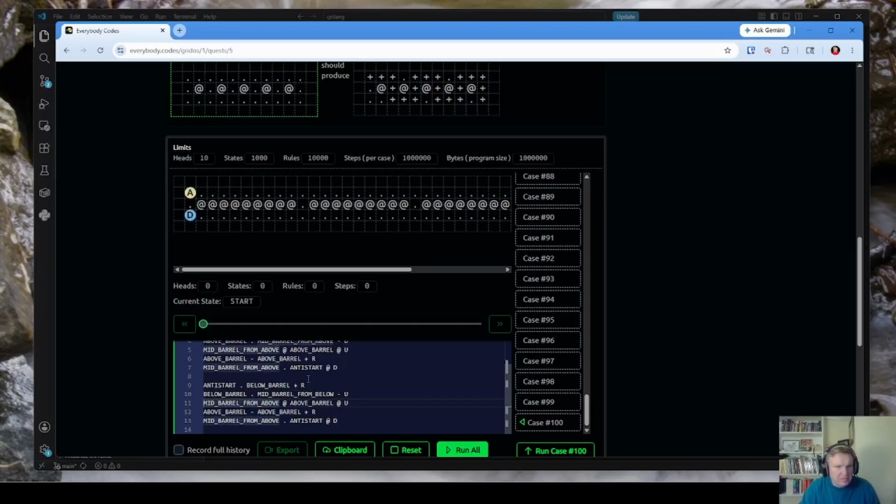Minus up. Mid barrel from below at below barrel, that becomes a down, and then below barrel, below barrel, below barrel, and so mid barrel from below.